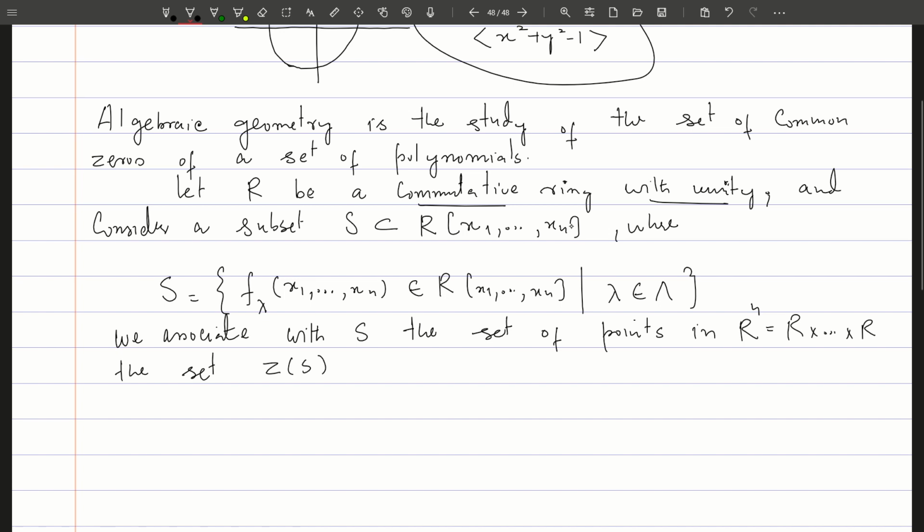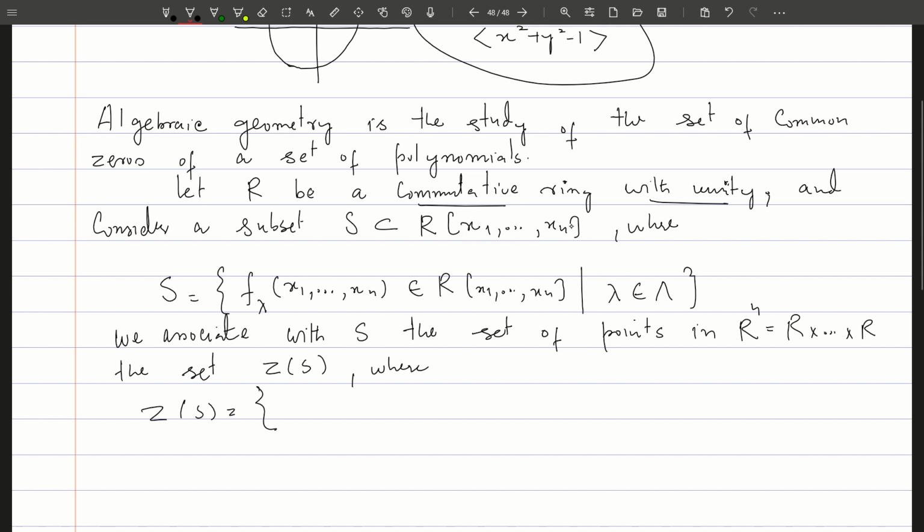By Z(S), here we mean the set of common zeros of the polynomials in set S. That is, the set Z(S) is given as follows.